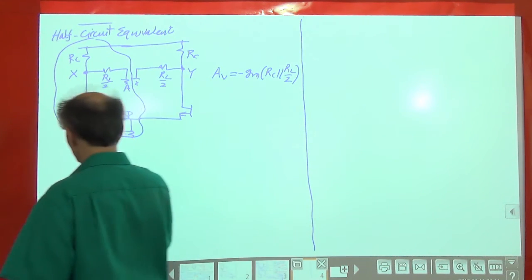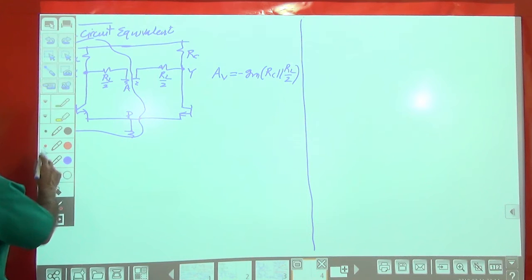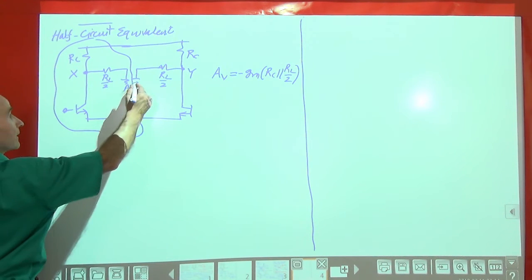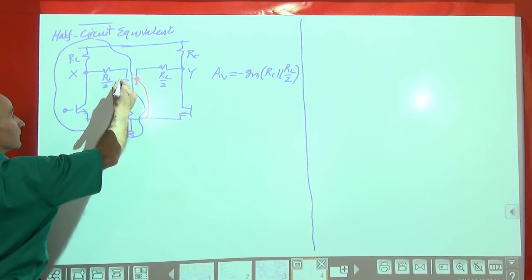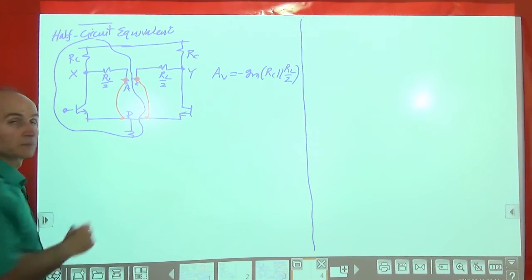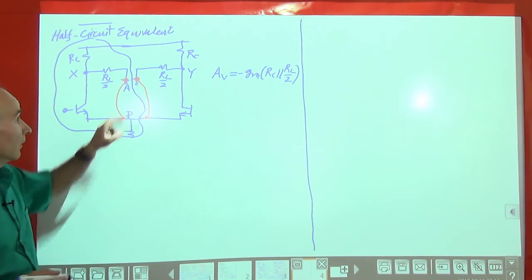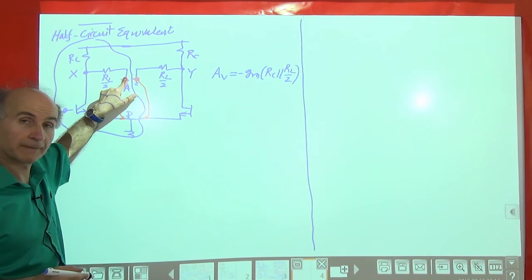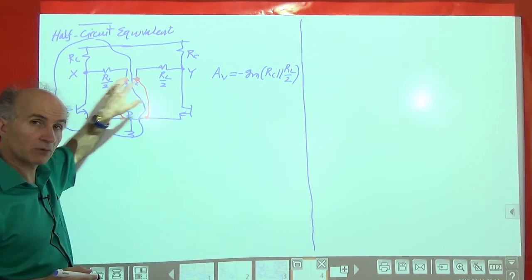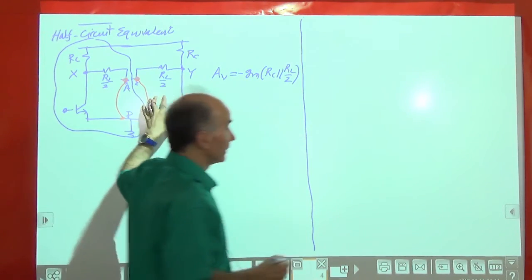So is it okay if I place a wire from here to here? It's okay, right? Because these are all ground anyway. I'm just shorting this ground to this ground and this ground to this ground, right? So let's try to redraw the circuit and we would see what it looks like.